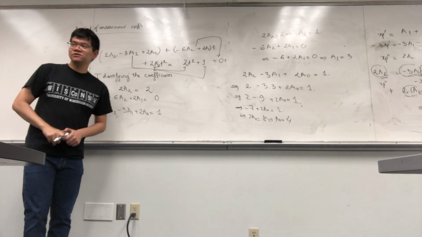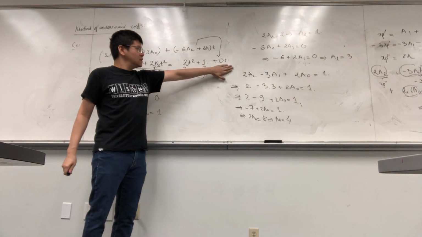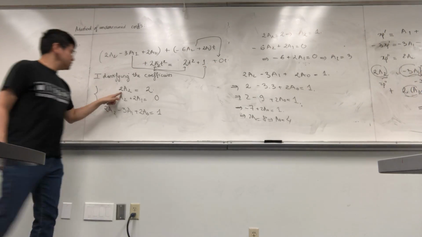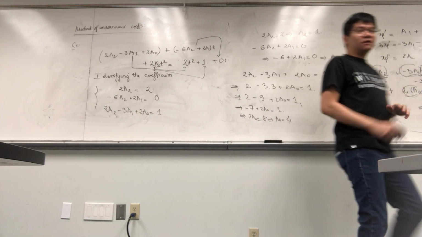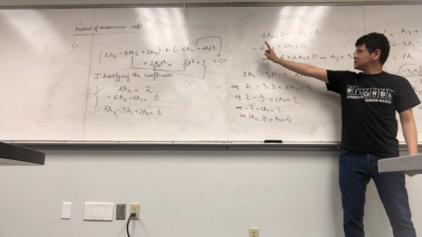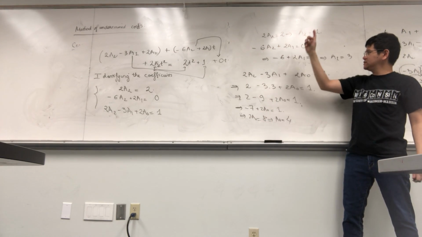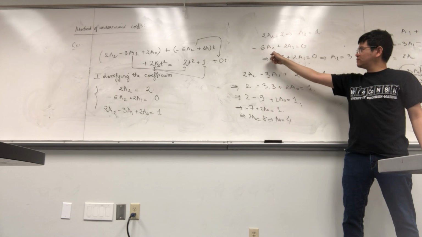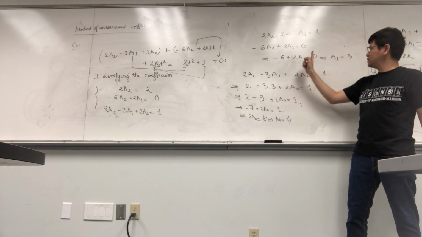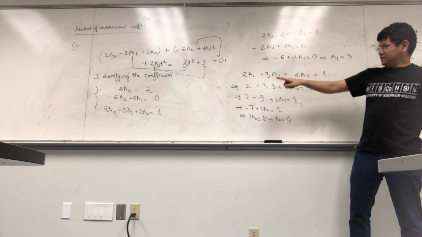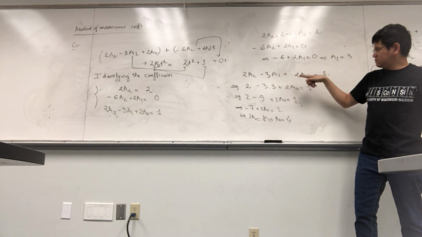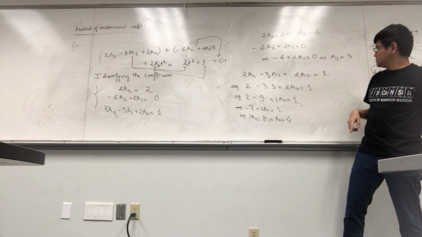Right? So I explain again. The first equation, 2a2 is 2, gives you a2 is 1. Now, the second equation is minus 6a2 plus 2a1 is 0. You replace a2 by 1 here, you have minus 6 plus 2a1 is 0, which means that a1 is 3. In the last equation, you have 2a2 minus 3a1 plus 2a0 is 1.